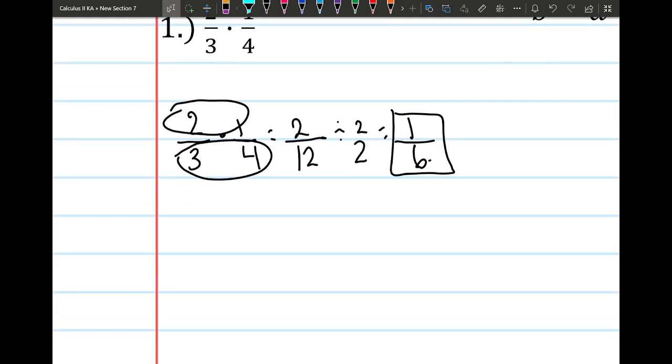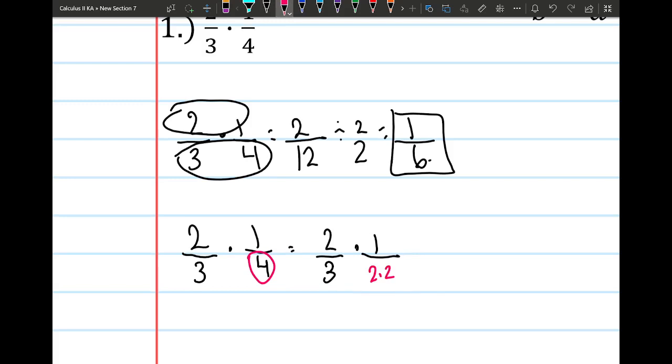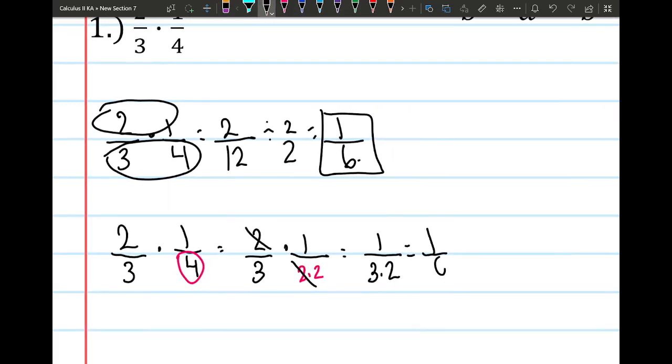Another way to do it is we can do 2/3 times 1 over 4, and we know that 4 is 2 times 2. So we can put 4 as 2 times 2, and we can just cancel out the 2's, and we are left with 1 over 3 times 2, which is 1 over 6.